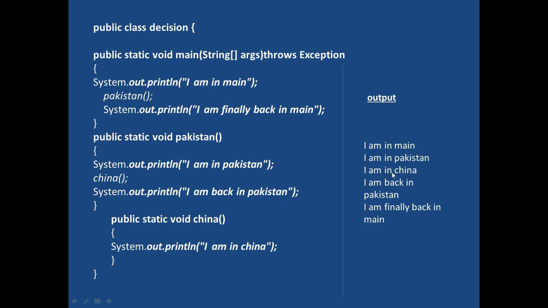Yes, you can see the output. When this method China gets complete, control is transferred back to the Pakistan where China was called. So the next statement I am back in Pakistan would be displayed.